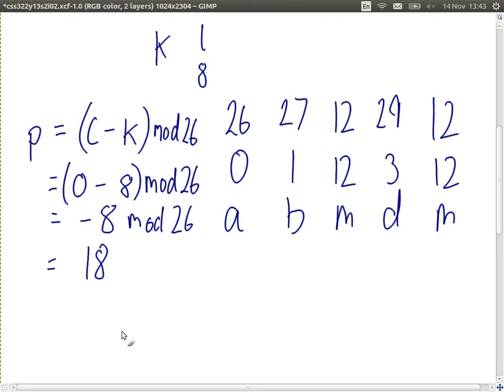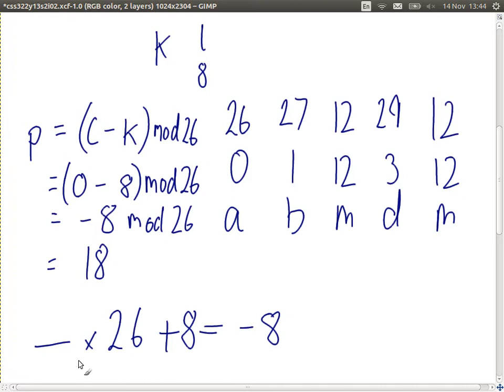That's essentially our definition of modulo. Modulo is when you times the modulus by some integer plus some extra. Oh, sorry, not 8, 18.